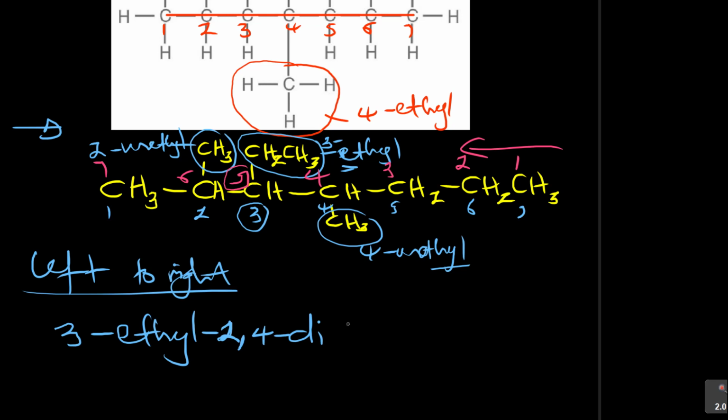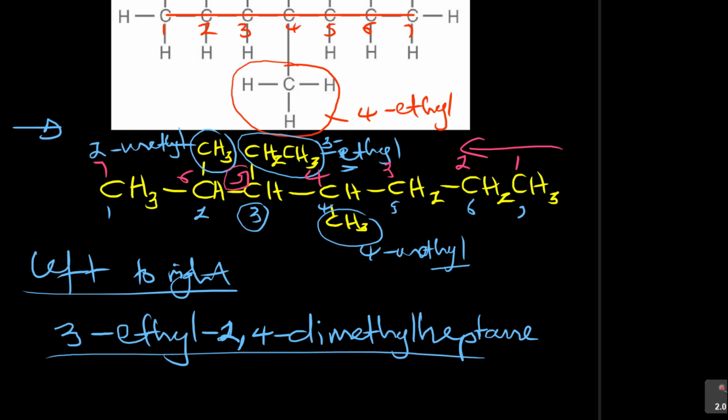So there is dimethyl, there is trimethyl. If there is one, it is mono, but you don't say mono. So it's 3-ethyl-2,4-dimethyl, and then the longest chain is heptane. Don't space. Are you with me? So that's how you come with the numbering on this.